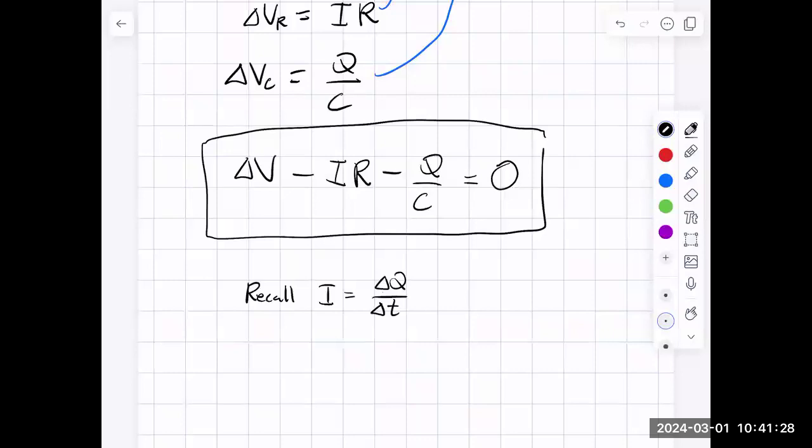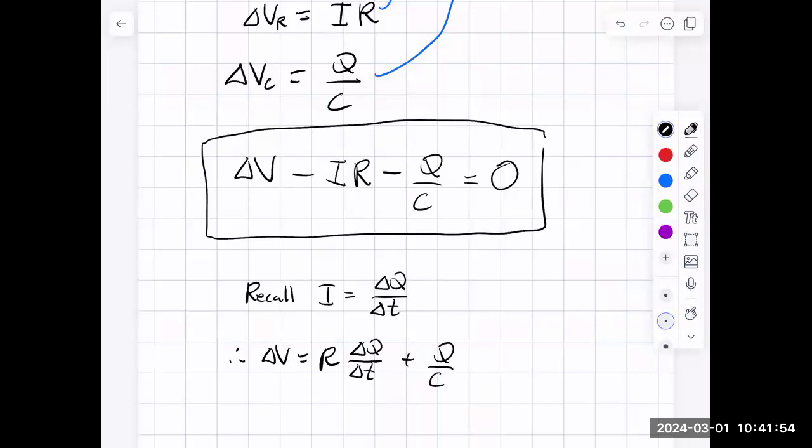And so therefore we would have that delta V, let's move the other terms over to the right-hand side, we'll get rid of the negative signs, would be equal to, let's see, I is going to be delta Q over delta t. We still have to multiply by the resistance. And then we have plus Q over C.